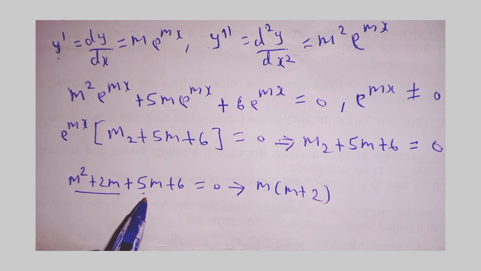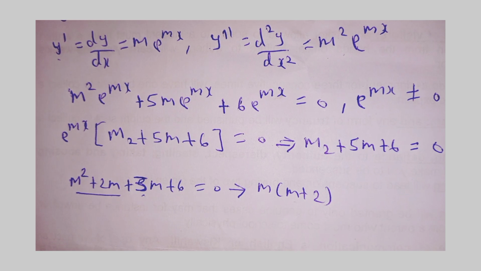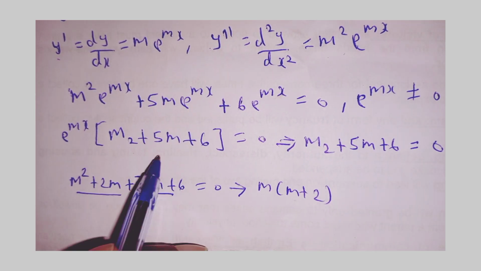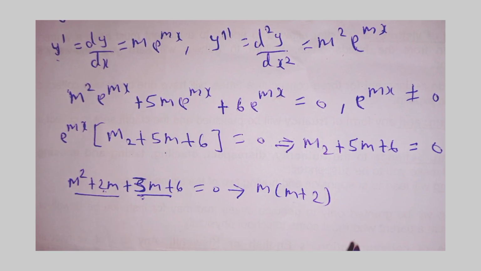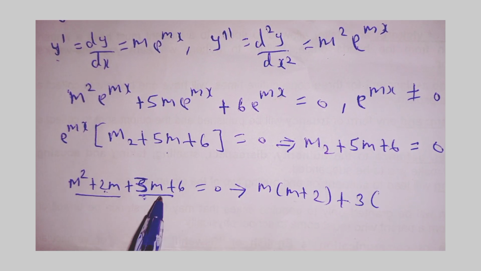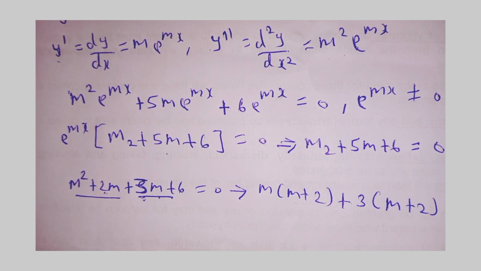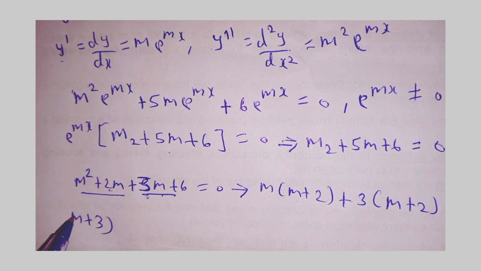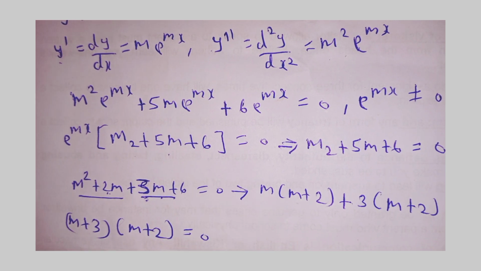From the last pair, you factor 3, because we are substituting the value of 5m with 2m plus 3m. So here you will be left with m plus 2. This is equal to 0. So you will have the bracket m plus 3, bracket m plus 2, equal to 0.